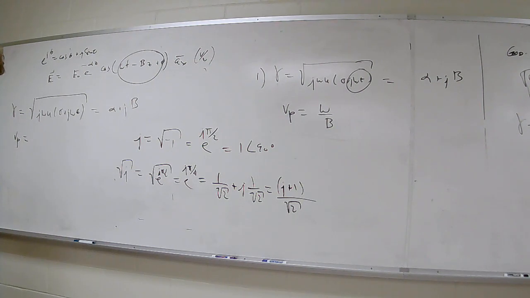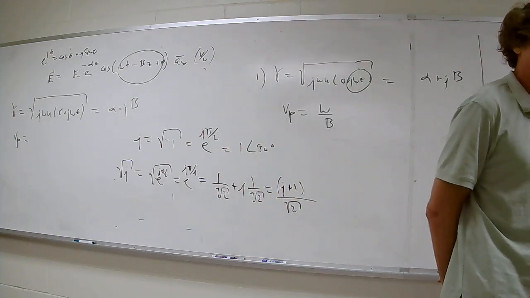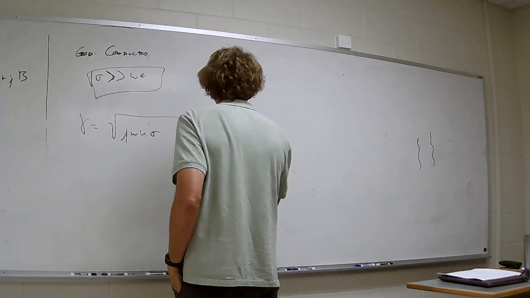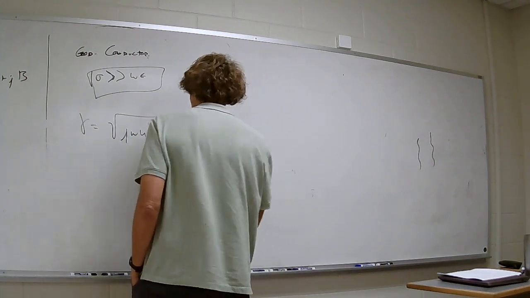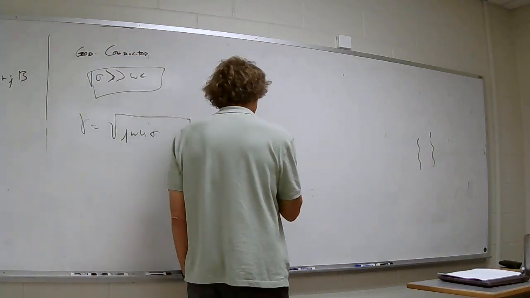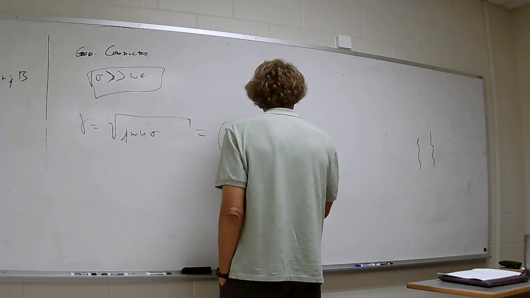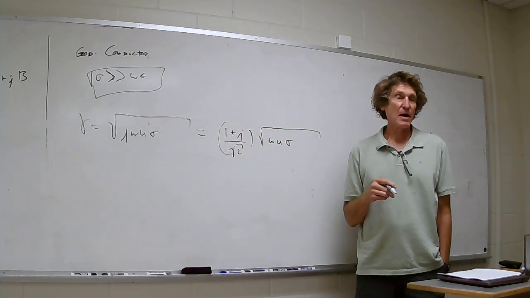Y'all with me? Okay. I've got a square root of j there. Another shocking fact: square root of j can be replaced by 1 plus j over the square root of 2, times the square root of omega mu sigma. Y'all follow me on this? Almost there.